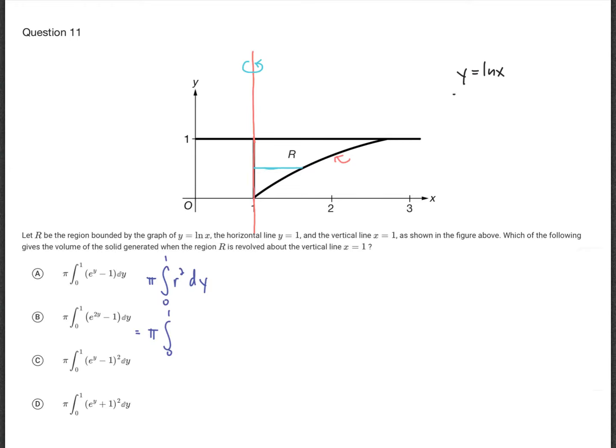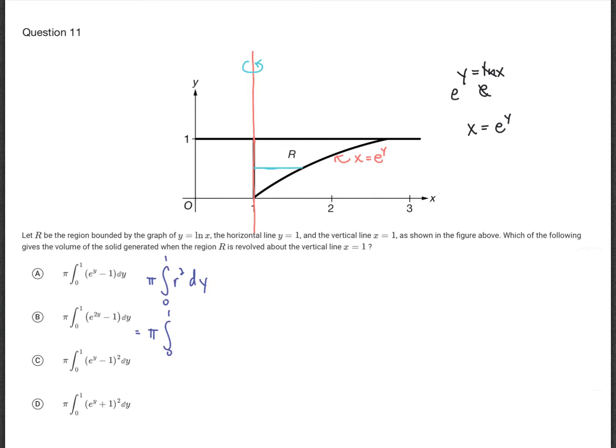But if you raise both sides to the e, that means this e and ln cancel, and you get x equals e to the y. And that's the version of the function that we'll use, because we have to get it in terms of y. Okay, so notice, the distance from this function all the way to the y-axis is e to the y. And then this distance is 1, right? This is 1 here. So it's really e to the y minus 1 gives us this distance here.